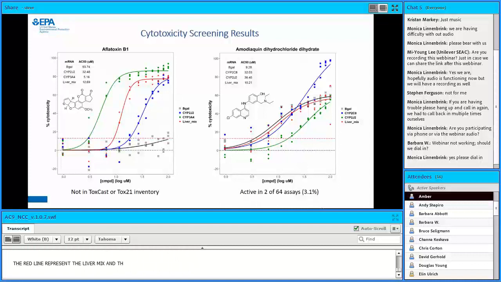What you can see is that we don't really see a shift in potency, but we do see a shift in efficacy with CYP2C8 expression. It becomes much more cytotoxic at the higher concentrations. But interestingly, we did see a right shift in the mid to medium concentration range with CYP2J2, which was completely unexpected. And like I said, all of these compounds were tested with all 12 biogroups. These graphs have just been cleaned up to show you the significant ones.